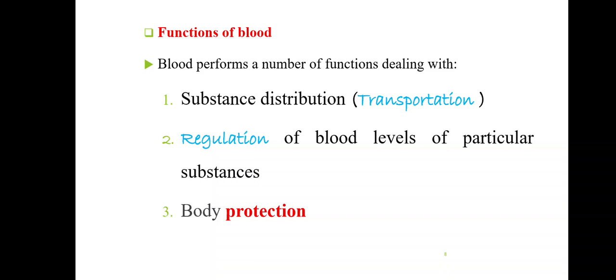So now we are done with the physical characteristics of blood. Just to revise, we talked about the pH of blood, which we said is about 7.35 to 7.45. We talked about the temperature, which is close to the body temperature, 37 degrees Celsius.